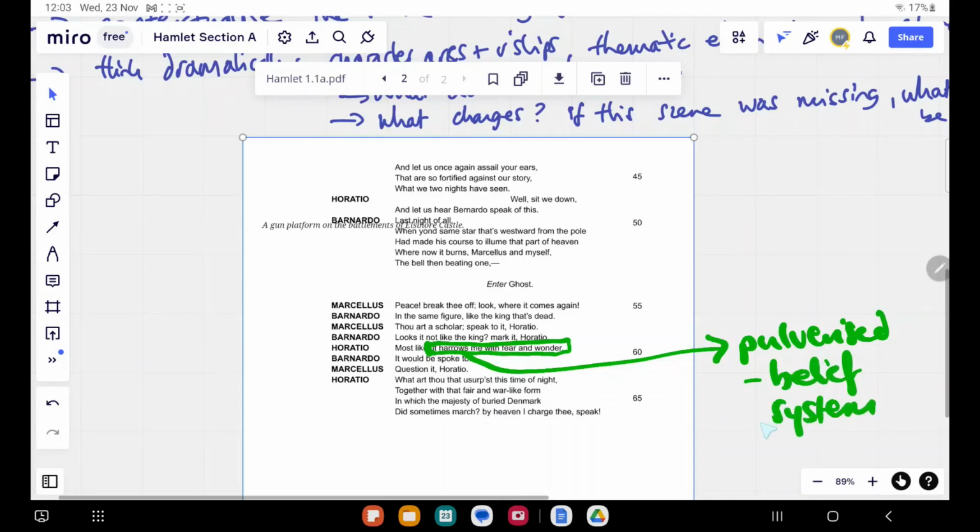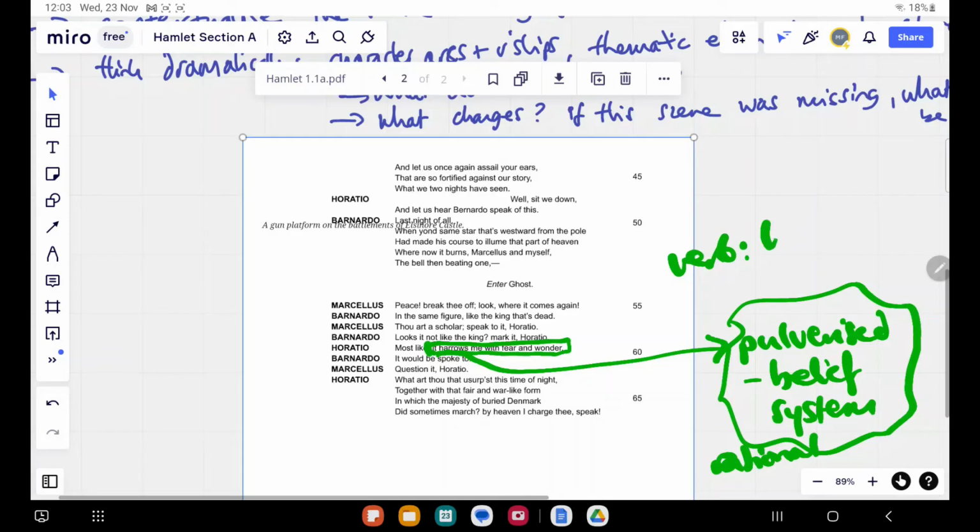I got that from this website that I'll link to, so I'm not claiming that as my own, but I think it's very good. So his rational belief system as a Renaissance man who doesn't believe in ghosts is broken down, and that verb harrow is doing a lot of work there because it's being taken from its agricultural usage and used here to mean the painful pulverizing of a belief system.